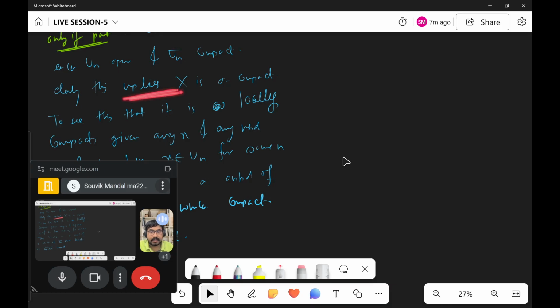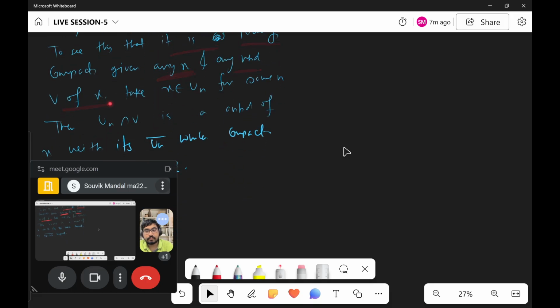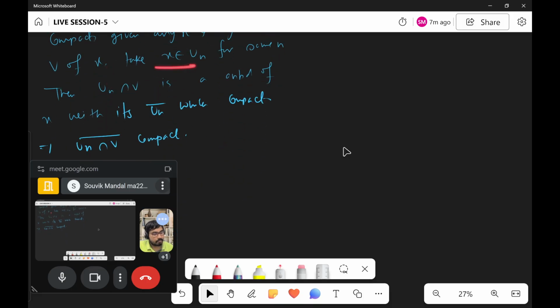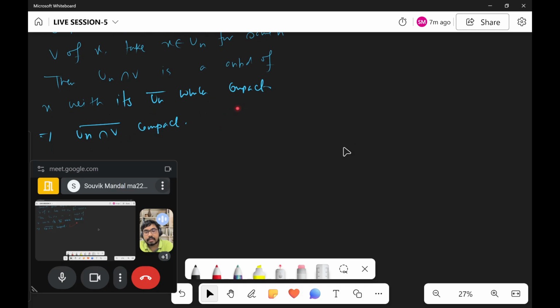So this tells that X is sigma compact. To see that it is locally compact, we choose any point x and any neighborhood V of x. Then by definition, we can consider U_n containing x, so that U_n intersection V is a neighborhood of x whose closure is compact. So the closure of U_n intersection V is compact. So that is the argument.